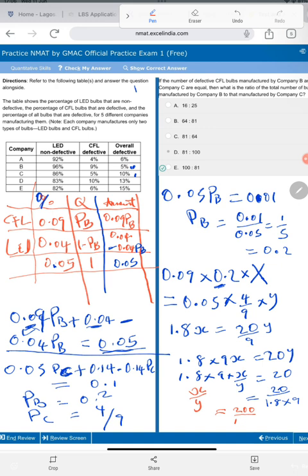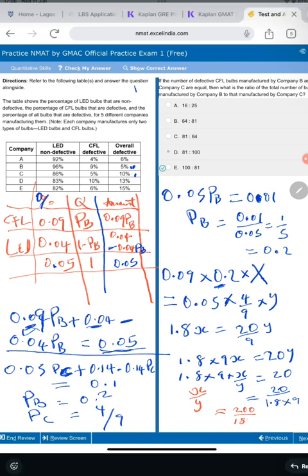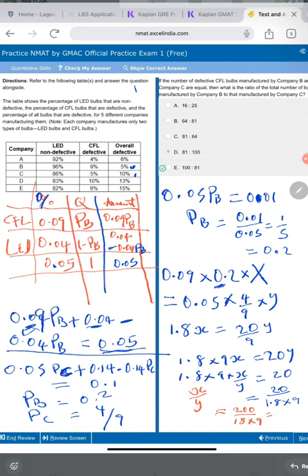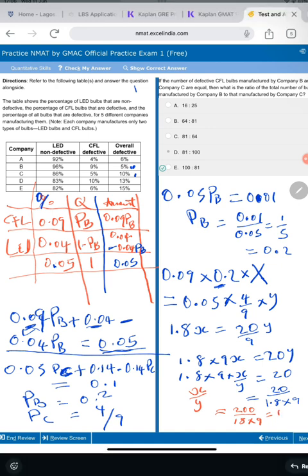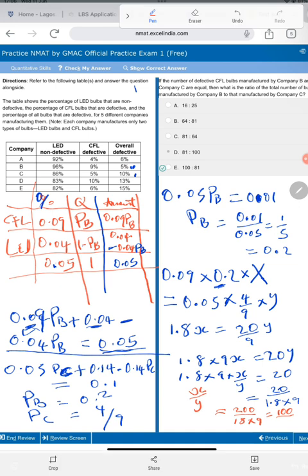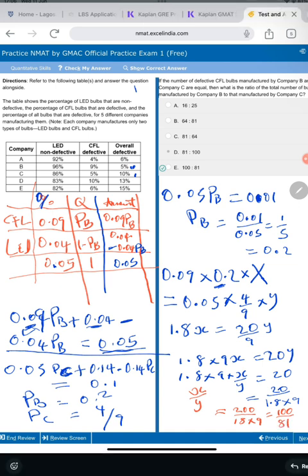If you multiply by 10, we have 200 over 18 times 9. Again, if you divide by 2, 200 divided by 2 is 100, 18 divided by 2 is 9. 9 times 9 is 81. That is the correct option. 100 is to 81.